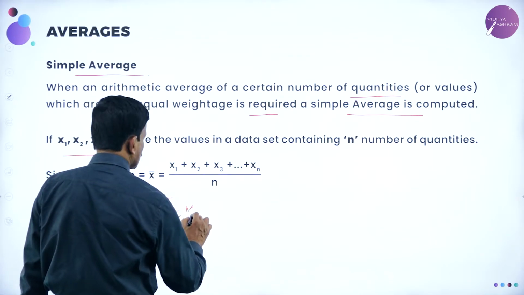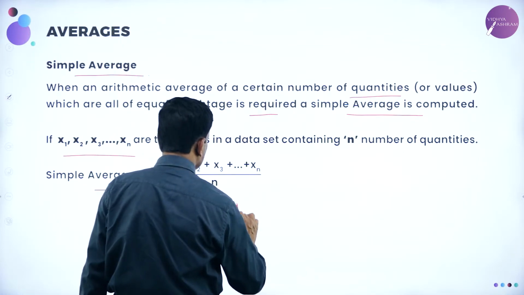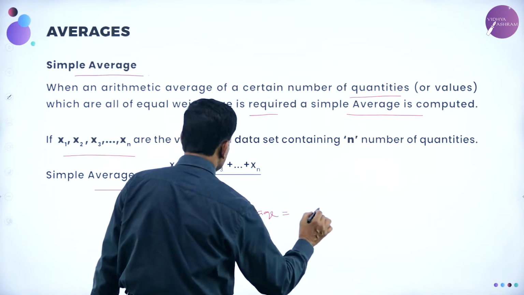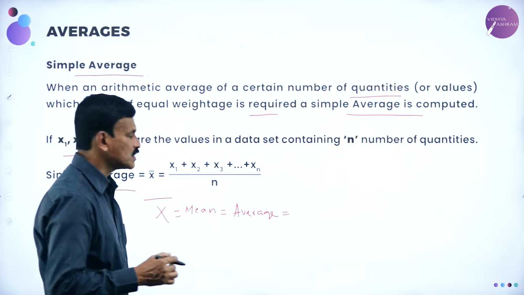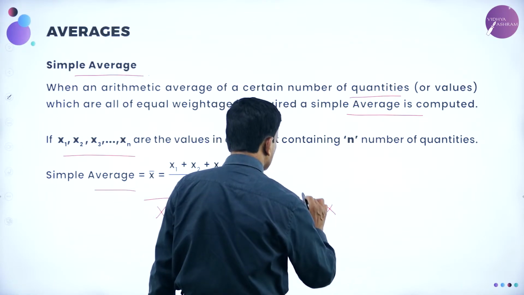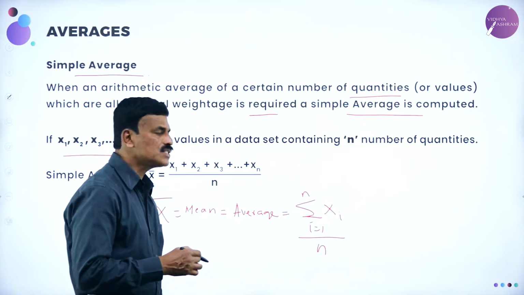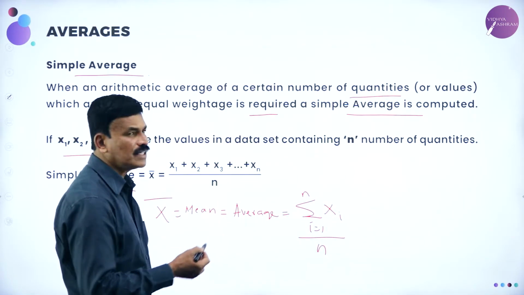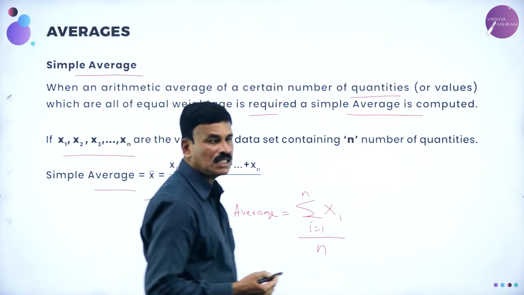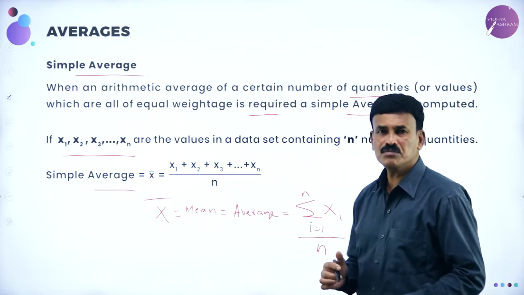It is also called the simple average, and it is given by sigma xi, i equal to 1 to n, divided by n.